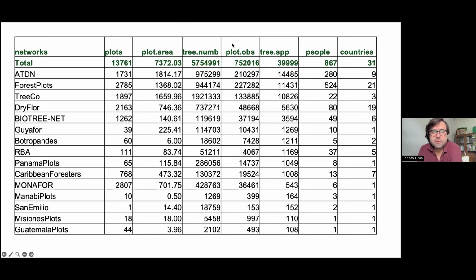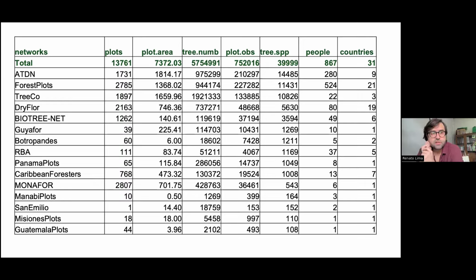This is the main summary of the information we gathered from all the networks. We have the totals on top, but we have more or less what each of those networks I presented provided in numbers of plots, plot area, numbers of trees, and number of plot observations, so how many species per plot, so numbers of abundance records actually.